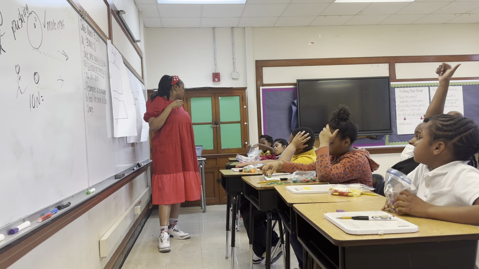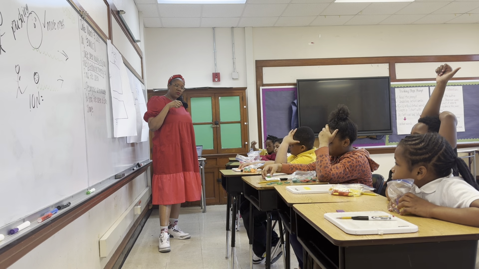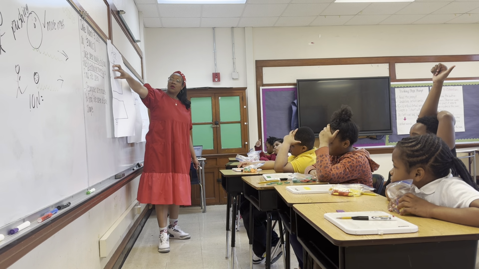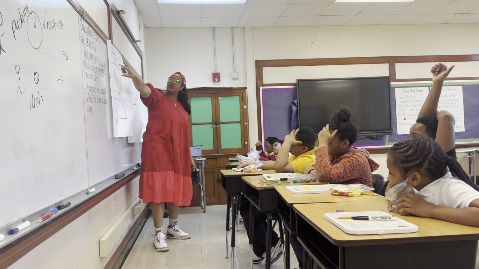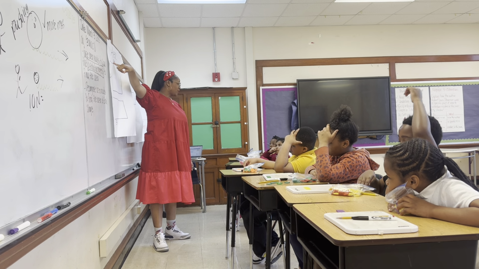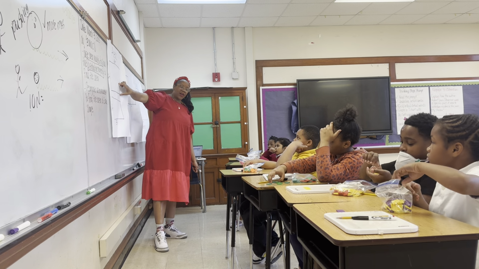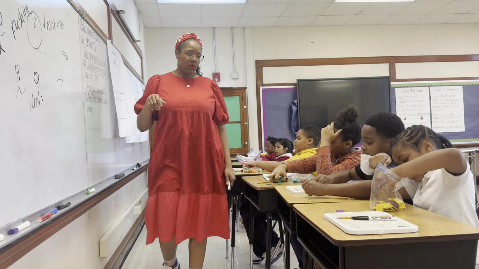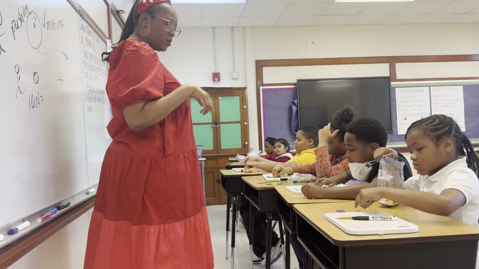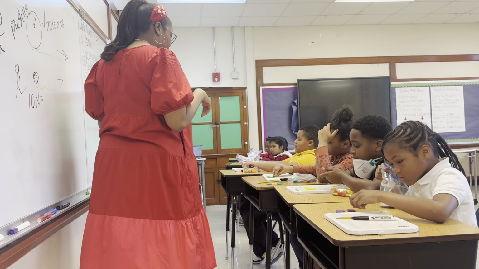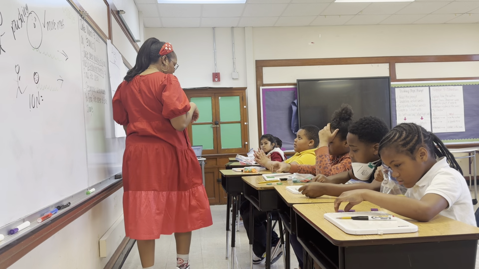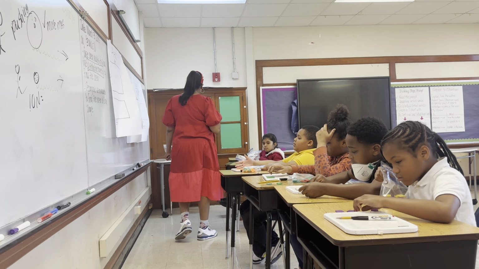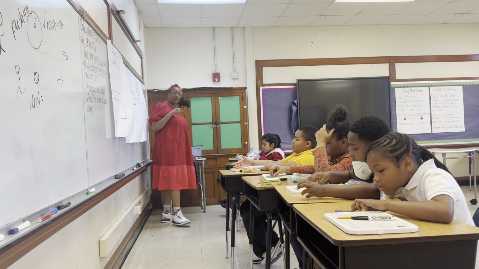All right, so now I want you to take another 3 square units and put it directly underneath that one. Perfect. Does this represent Ayana's poster?